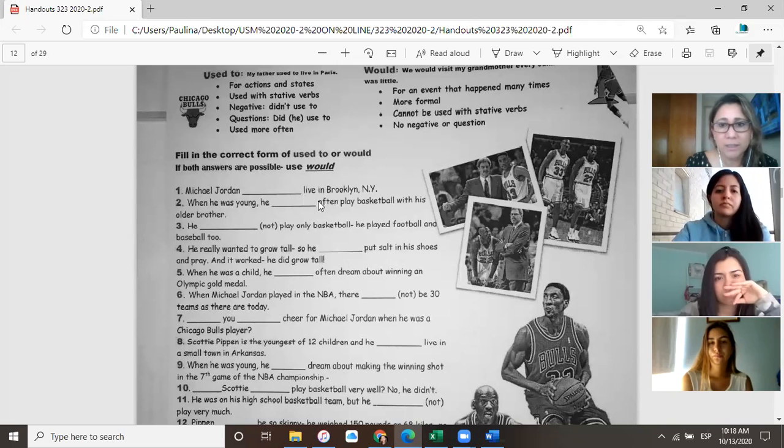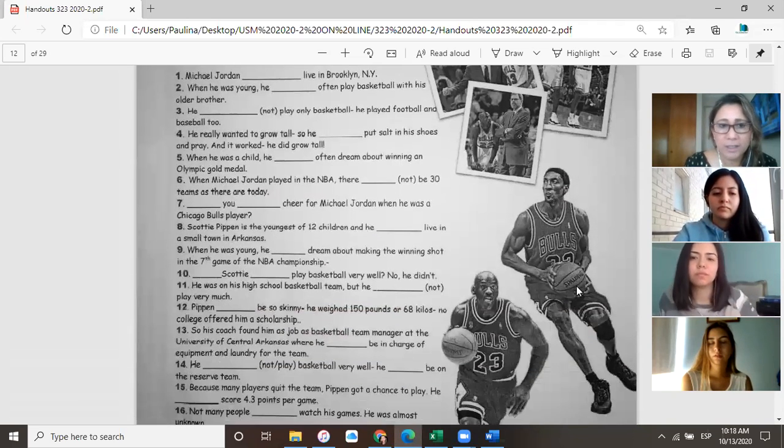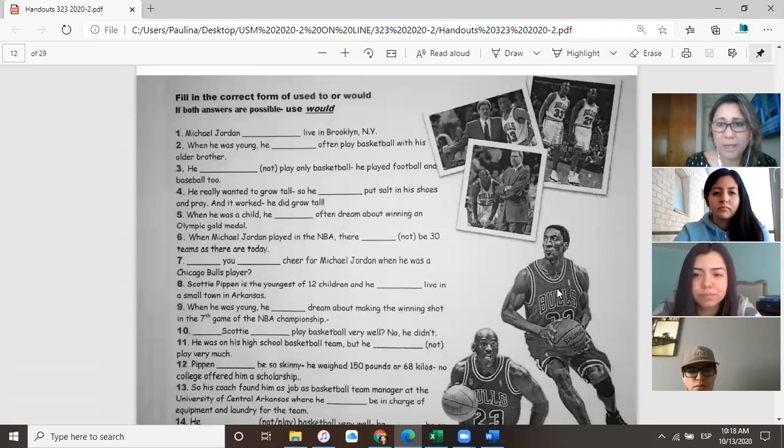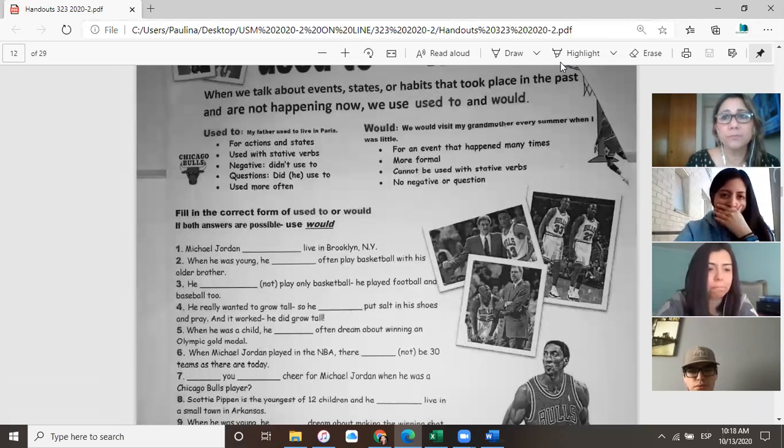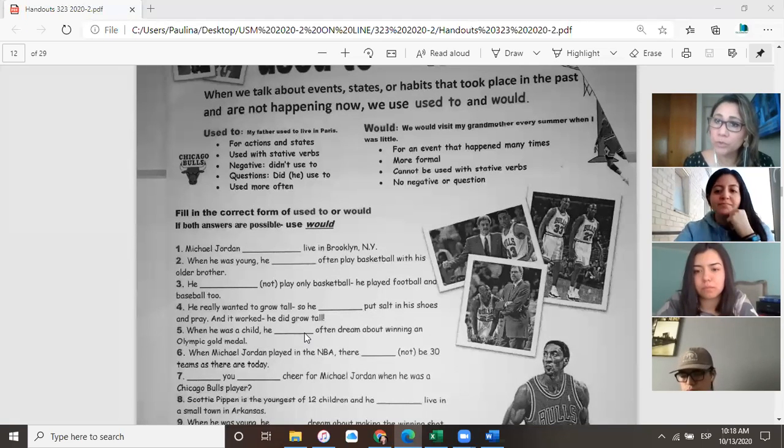Michael Jordan. We are talking here about basketball, by the way. Michael Jordan and the Chicago Bulls and all the important players. But today in basketball, the most important basketball player is, do you know the most important basketball player in the world? LeBron James, of course.